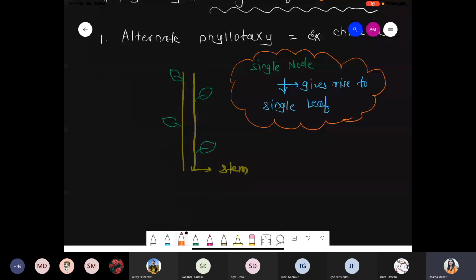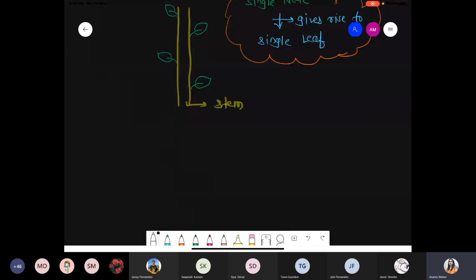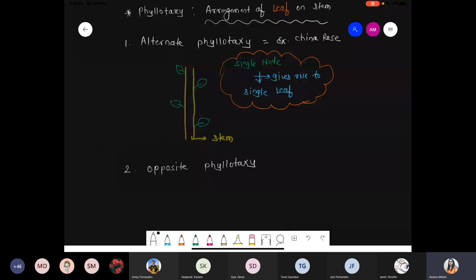Number two, opposite phyllotaxy. Opposite phyllotaxy basically means that a single node gives rise to two leaves. So we are talking about the examples.